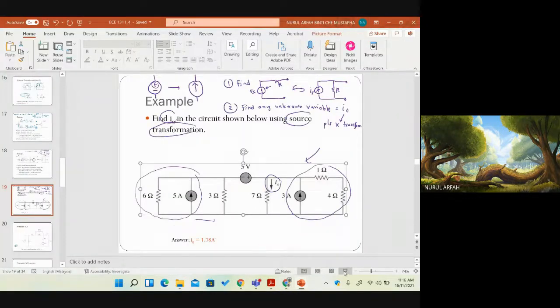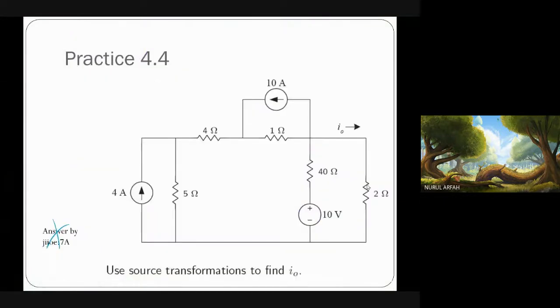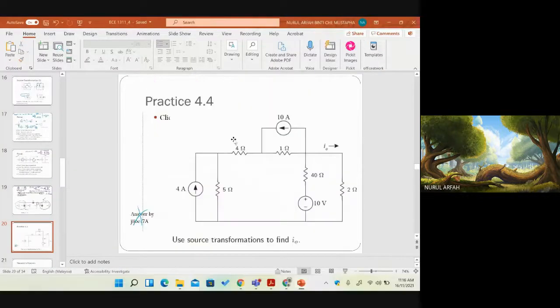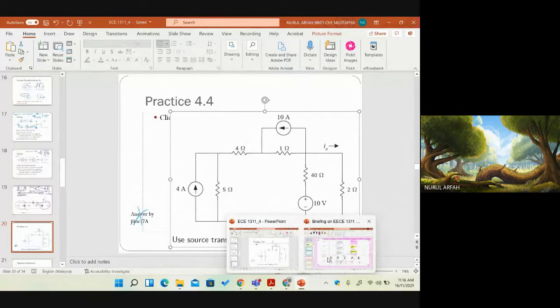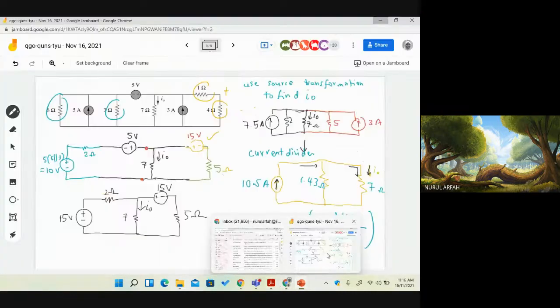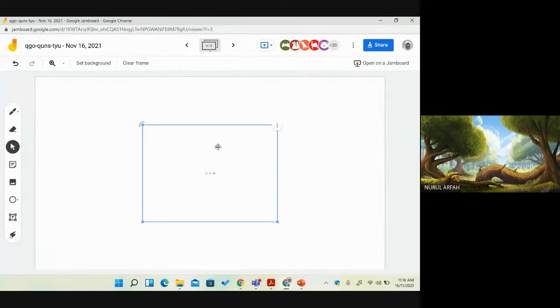All right, we have like 50 minutes, less than that. Okay, this. Okay, kita try. Since we have ample time, go to your page number 4.